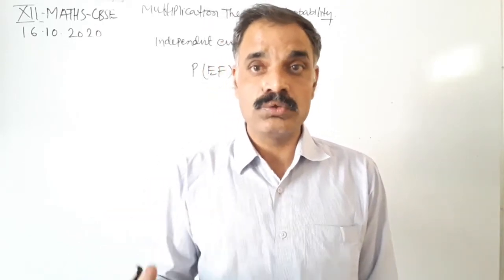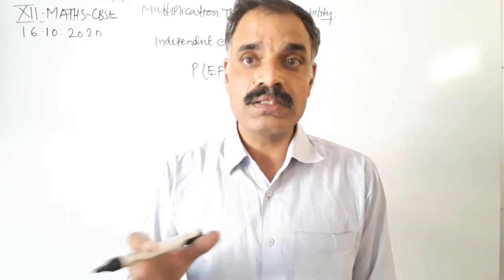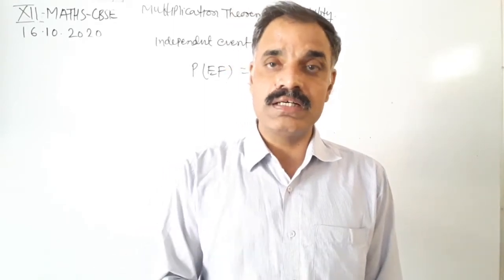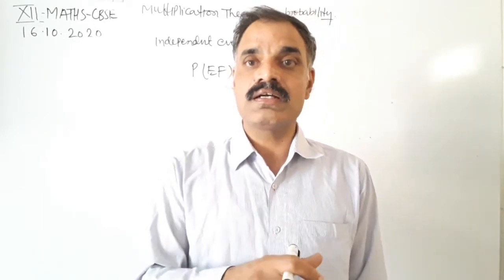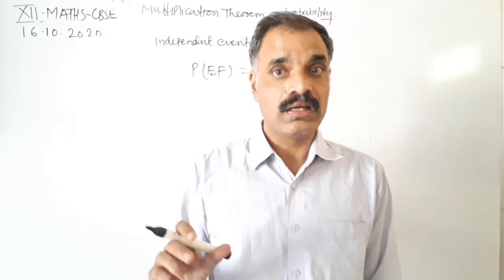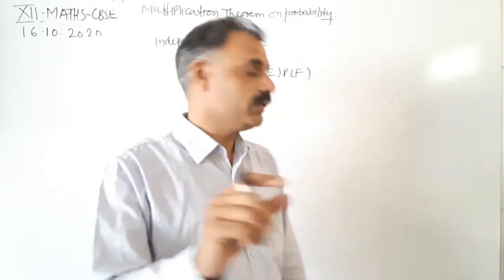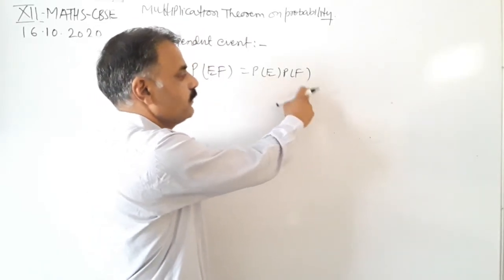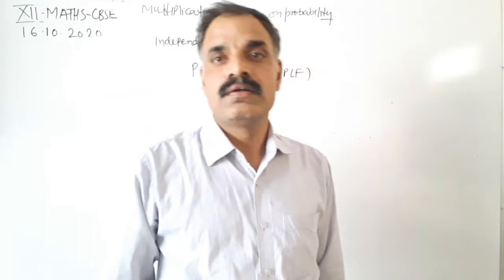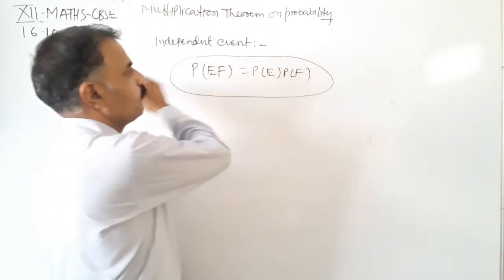Two or more events are said to be independent events if the occurrence of the first event does not affect the occurrence of the second event, and the occurrence of the second event does not affect the occurrence of the third event. So the probability of simultaneous occurrence of E and F equals the probability of E times the probability of F. When two events are independent, this expression holds true.